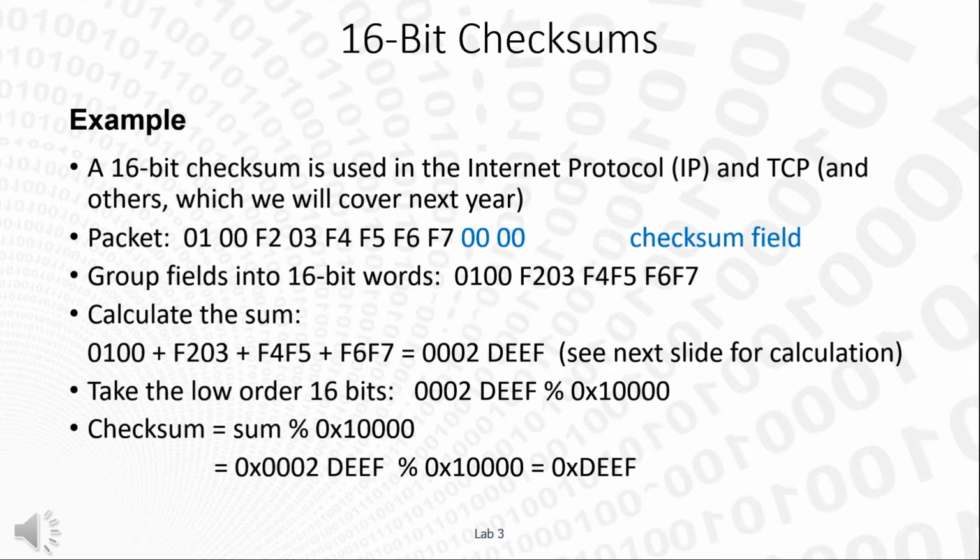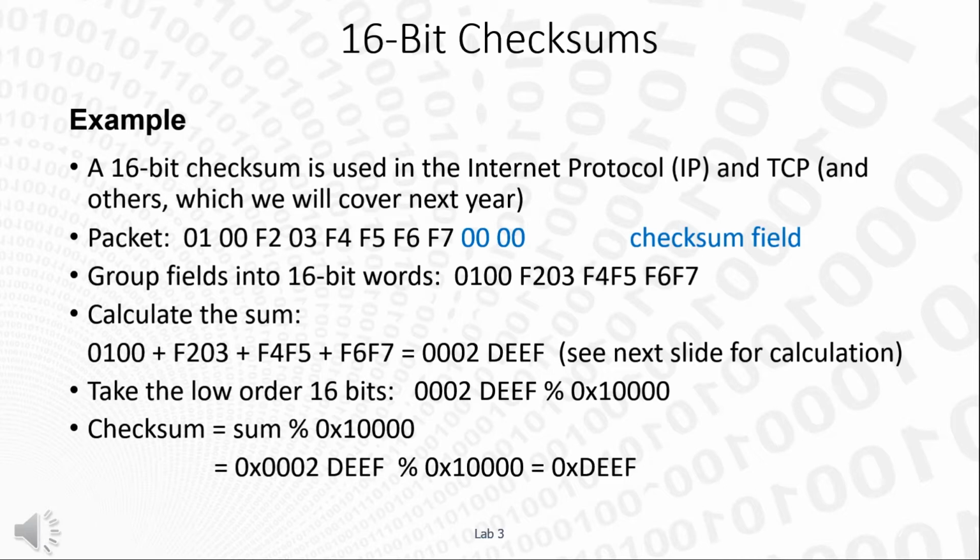And then what we need to do in this case, if we want a 16-bit checksum, we can only represent 16-bit numbers, and the sum is likely to be larger. So the result of summing all these 16-bit numbers is 0002DEEF.